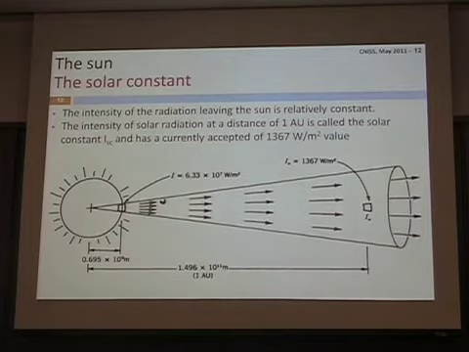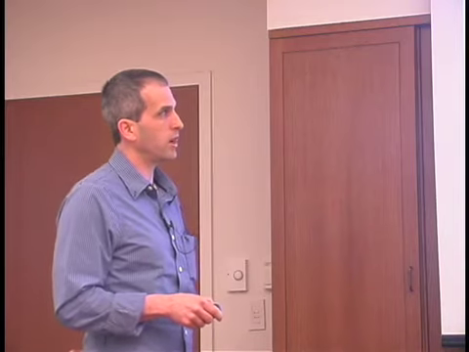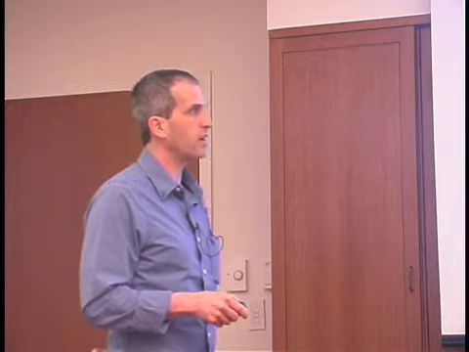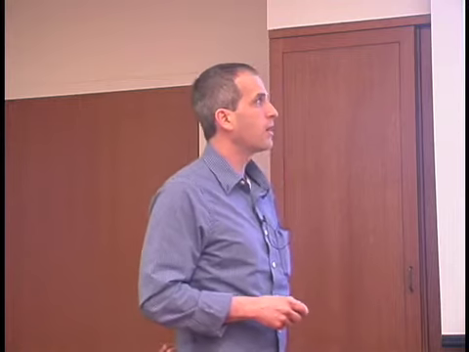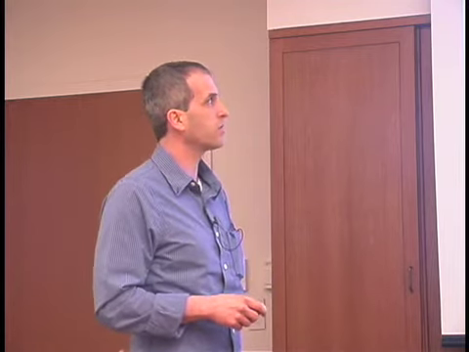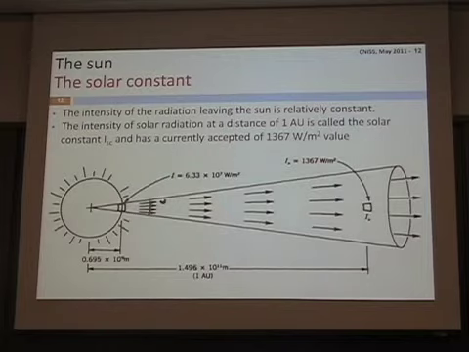Okay, so let's learn a little bit about solar power and about the sun, which is used to generate this power. The intensity of radiation leaving the sun is relatively constant, and when it arrives just outside of the Earth's atmosphere, you get about 1367 watts per meter squared. This is referred to as the solar constant, and this value doesn't change much throughout the year.